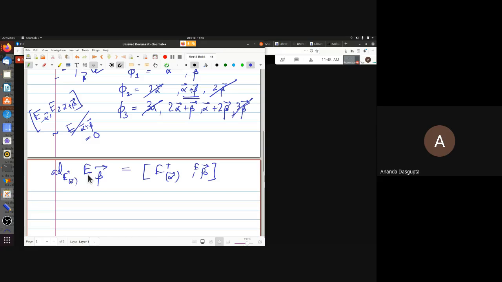Remember, these generate the SU2 subalgebra; these are representatives of the SU2 subalgebra. So whatever they do to E beta will depend on which SU2 representation E beta belongs to. Okay. So how do you figure that out? You just look at the E3 value. That is, E3 of alpha acting on E beta, how much is that?